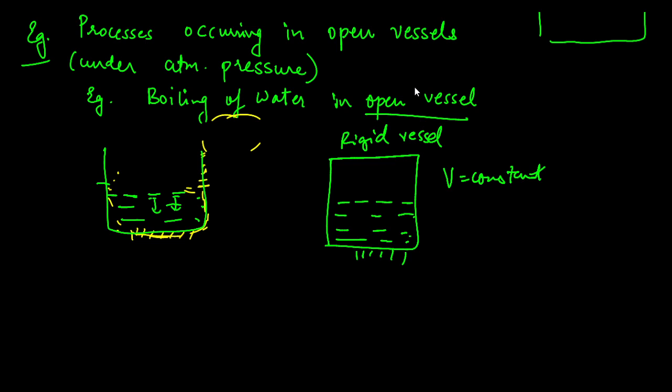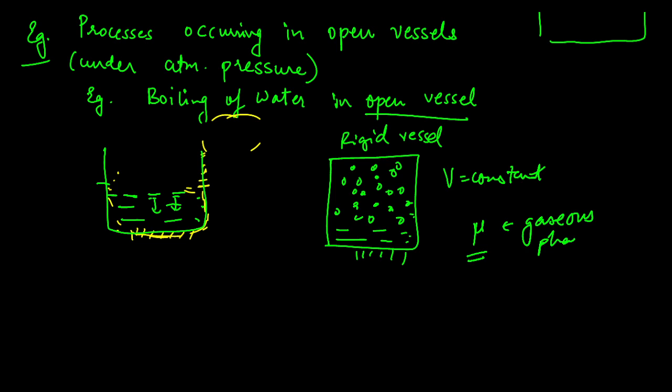Yes, the pressure will change because as you heat this, by taking heat, by taking energy, more and more molecules of water will go in vapor phase. સમજ પડે છે? More and more molecules of water will go in vapor phase. And now the more the number of moles in gaseous form or vapor phase, okay, if n in the gaseous phase is more, obviously pressure will be more. સમજ પડે છે?